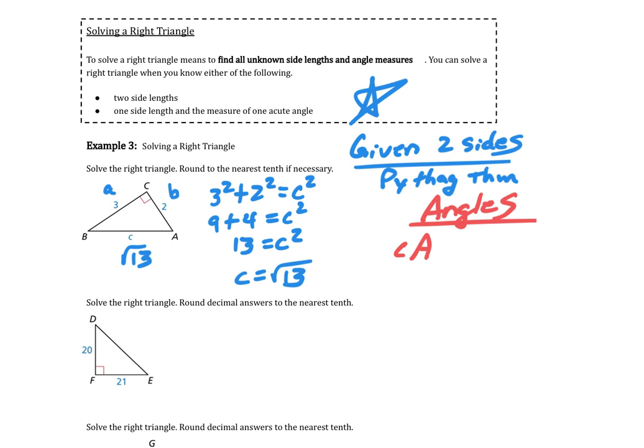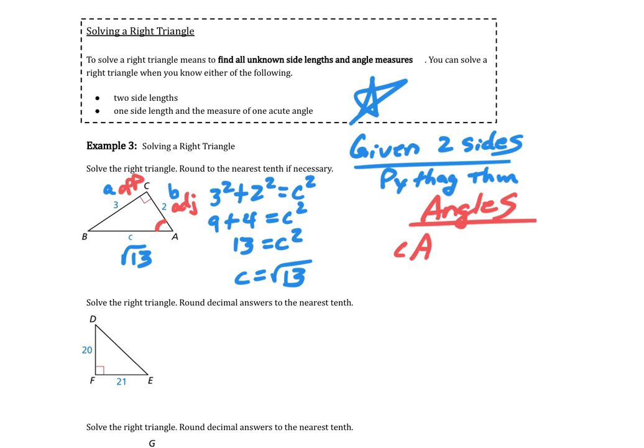So if I go from angle A, you have three options here. You can use sine, you can use cosine, or you can use tangent. It doesn't matter which one you use. Now, if it was me, I would pick out the one that's the easiest to use. And the two that I'm going to choose to use here are the opposite side and the adjacent side.